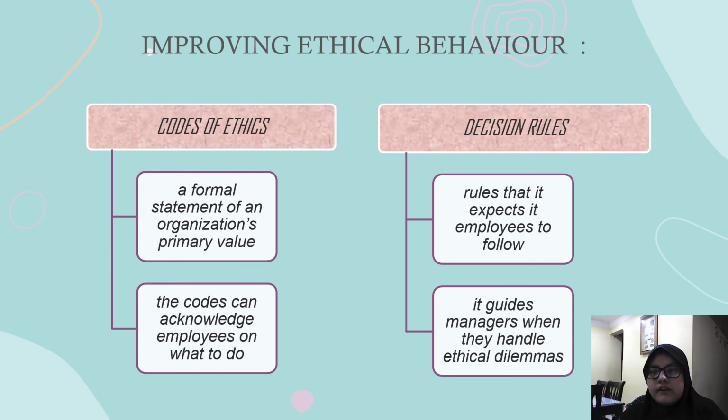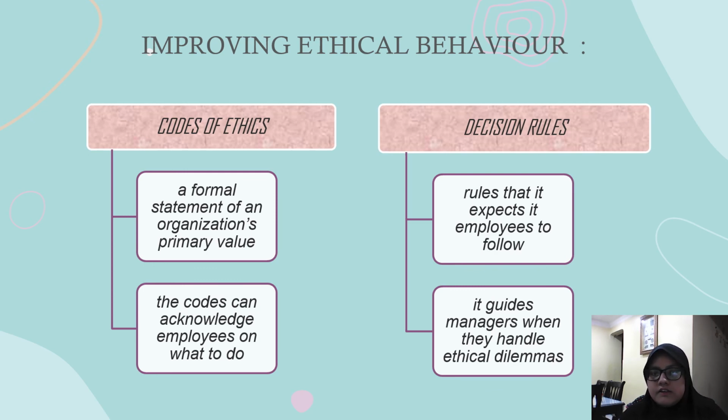A code of ethics is also known as a code of conduct or statement of values. It's a formal statement of a company's values, responsibilities, and conduct expectations. The purpose of the code is to guide and inform employees in handling ethical dilemmas.